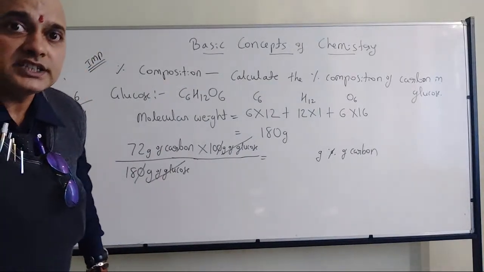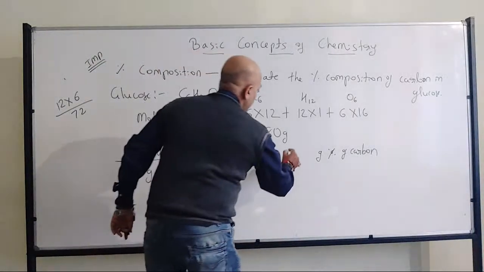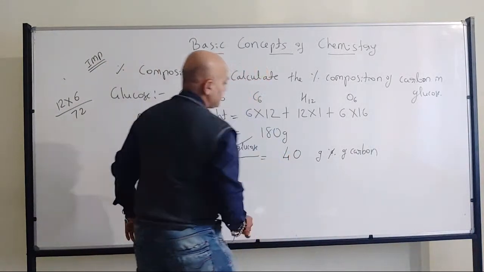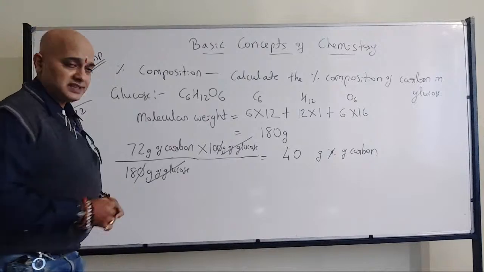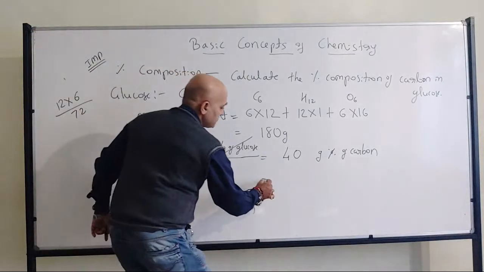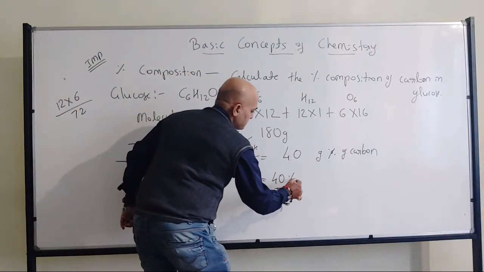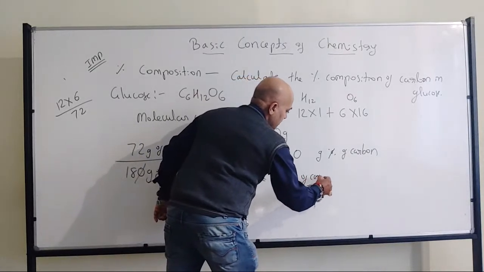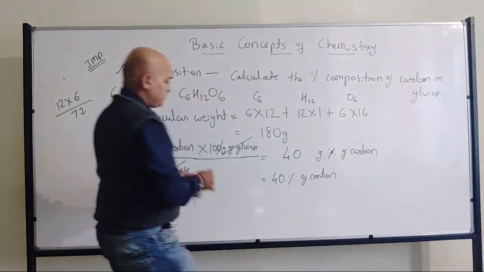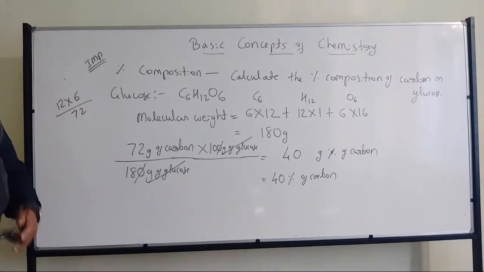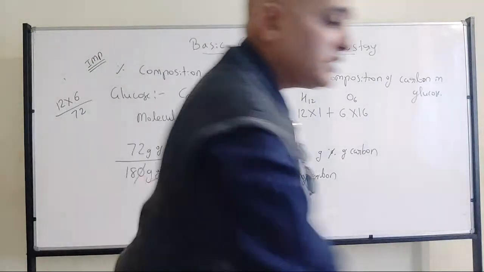So how much will it be? It will be 40%. You can mention it like this, or simply mention it as 40% of carbon. That is the percent composition of carbon in glucose. All of you have understood?